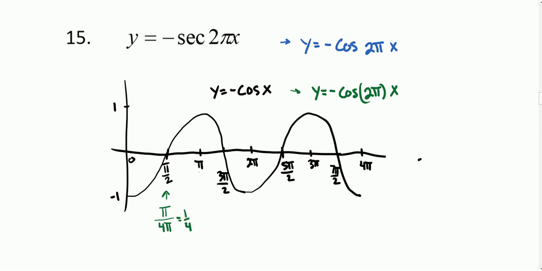Next one, divide by 2 pi, and you get 1 over 2. Next one, you get 3 pi over 4 pi, which is 3/4. Divide by 2 pi, you get 1.